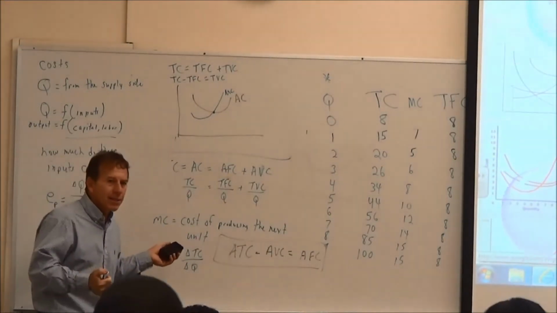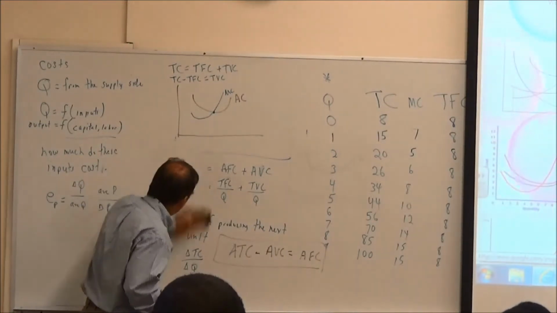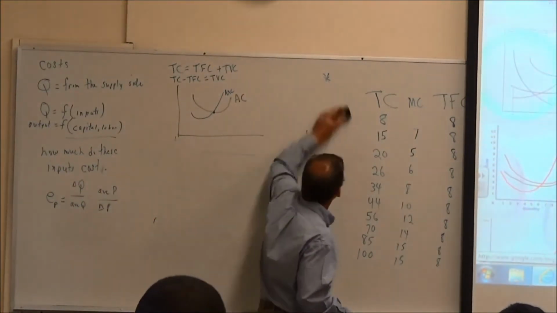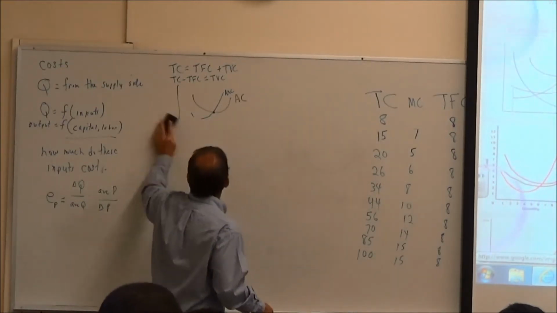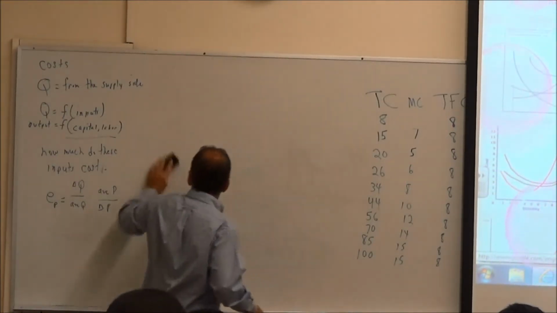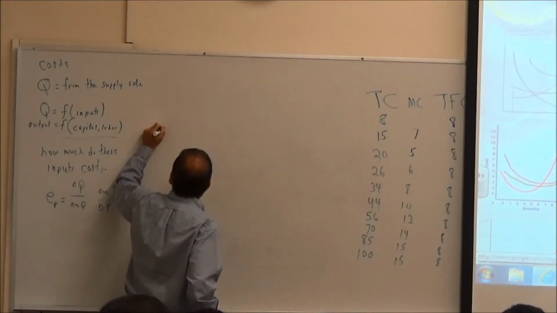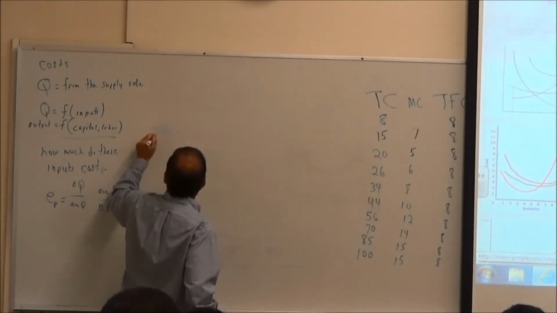But I don't mind writing a few formulas on the board. I'll give you an example right here. All the formulas will be up here, and here's the total cost. Okay, let's do a little thing.